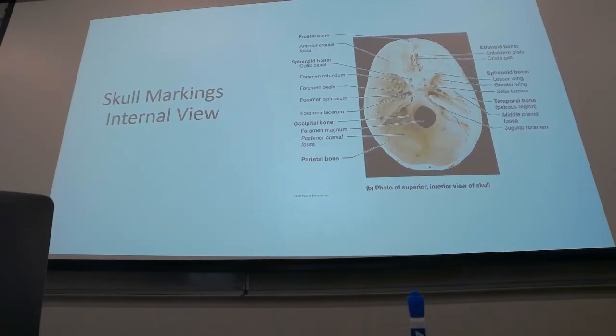This is like the size of a pea. It's very tiny. And sometimes this one enlarges, and it's going to compress cranial nerve number 2 that runs in here, which is the optic nerve.